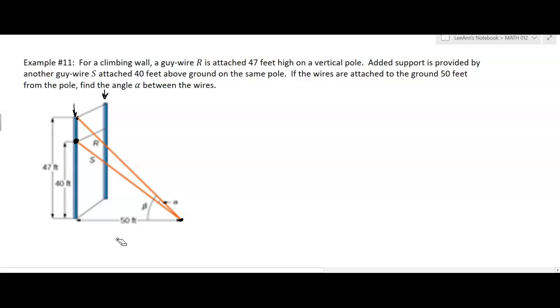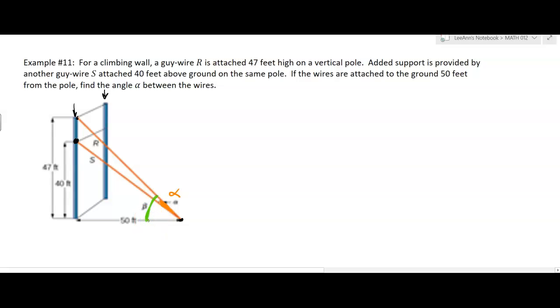Now we have to talk a little bit about the angles. Right here, this little angle, that is alpha. That is the angle between the two wires. This larger angle here is beta.